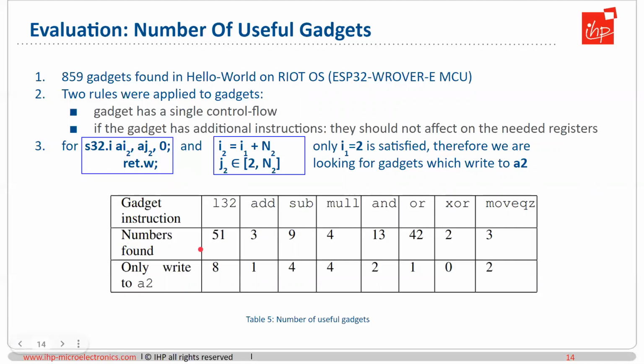So the number of found gadgets for the appropriate function is given. But we need to keep in mind that S32 instructions have a special importance, since they are used in all operations to write the result to the location of a variable.